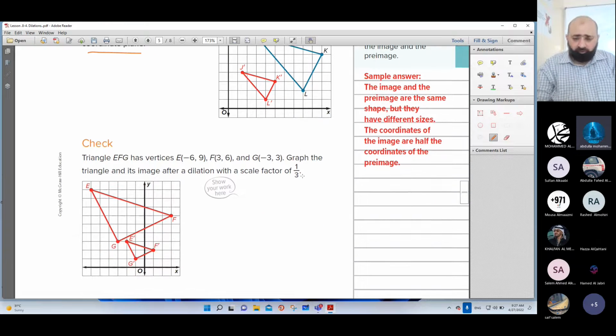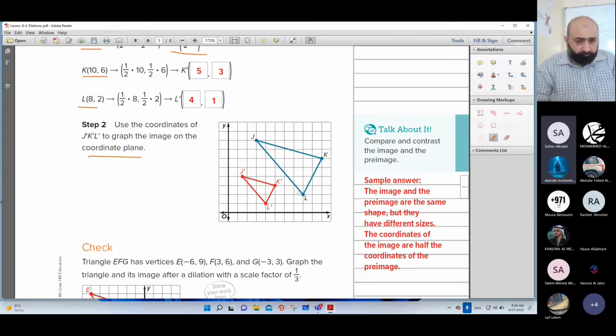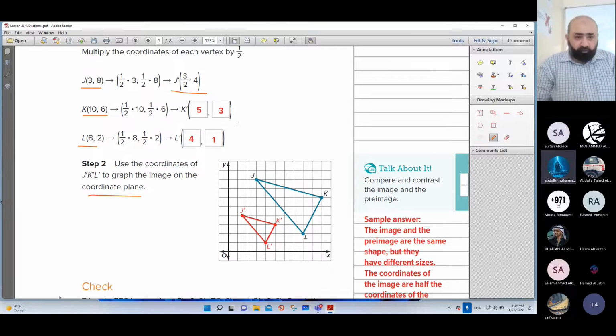Teacher, it is written 3 over 2, where do I put J? Here it is J prime. J prime is 3 over 2, which means 1.5. So 1.5 is between here 1 and here 2. 1.5 between them. This is 1.5, this is J prime.